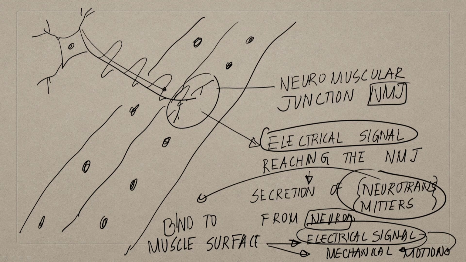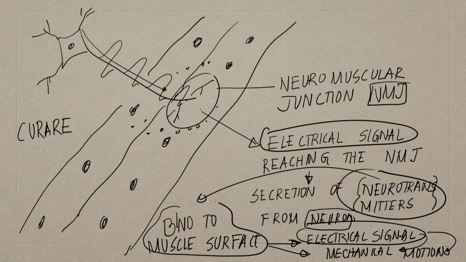So, one of the things curare does is, once you insert curare here, say for example, close to this proximity, curare goes and binds to the site where neurotransmitters are supposed to bind to the muscle. In other words, this is the zone where these neurotransmitters are supposed to bind.